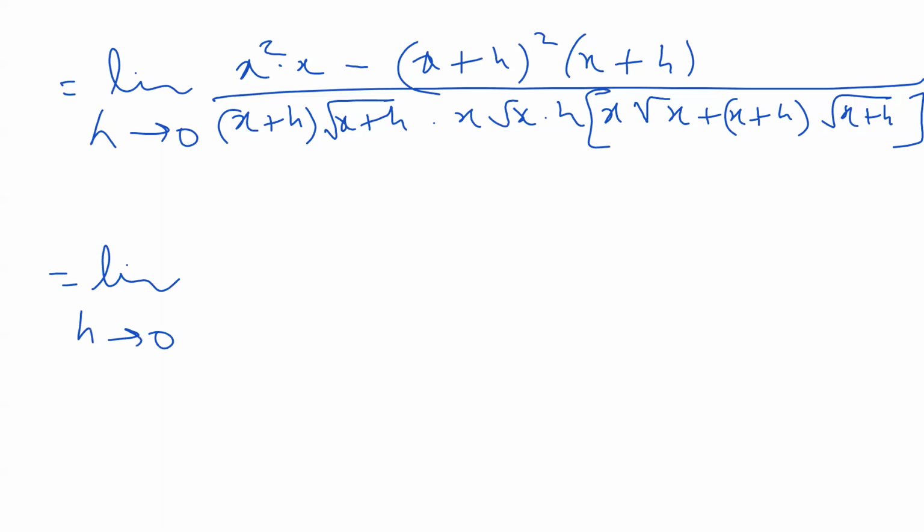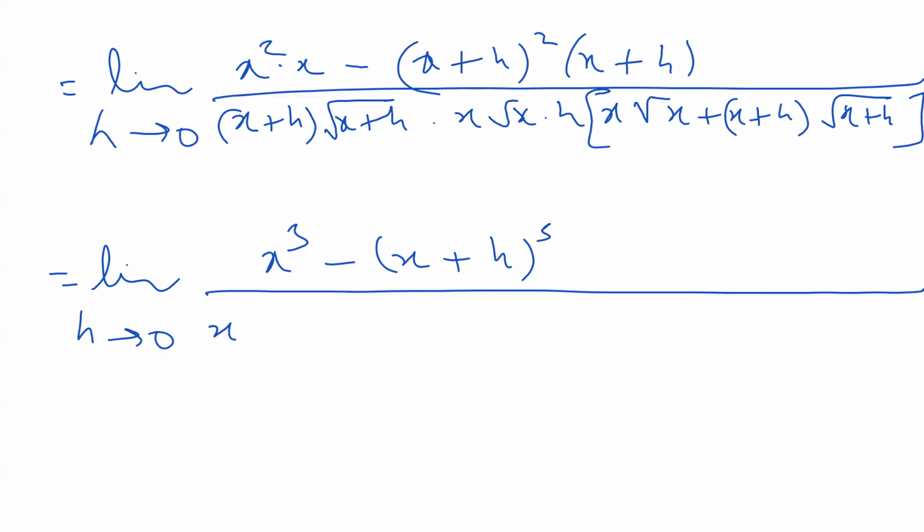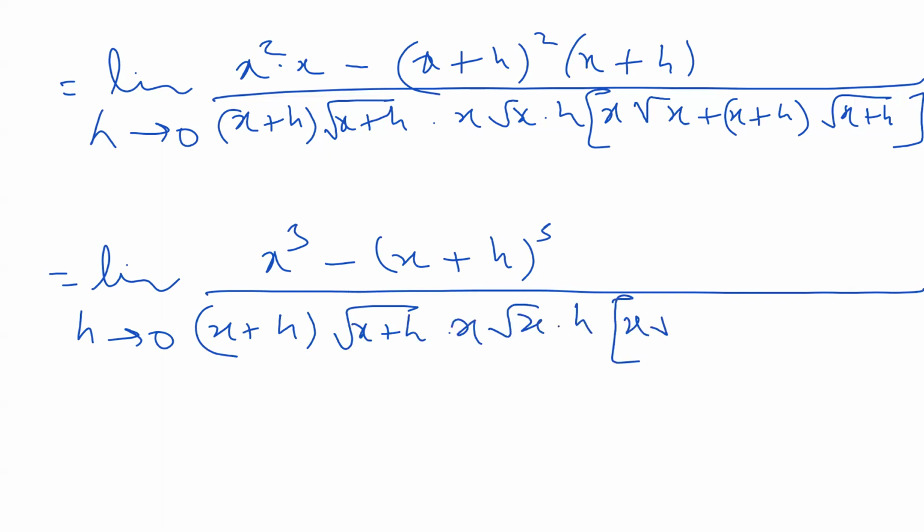Limit h approaching 0, x cube minus x plus h the whole cube, x plus h, root x plus h, x root x, h, x root x plus x plus h root x plus h.